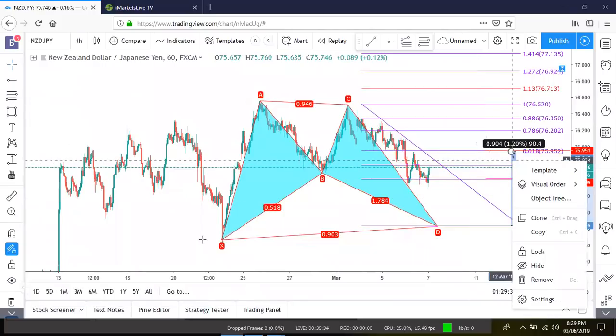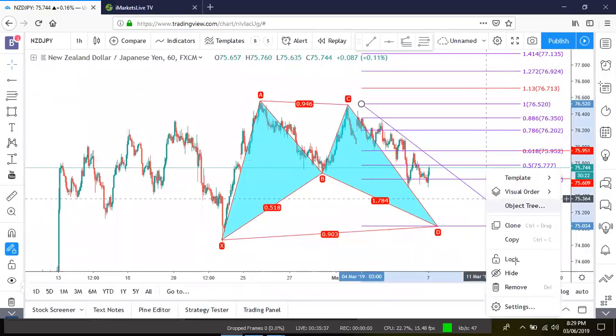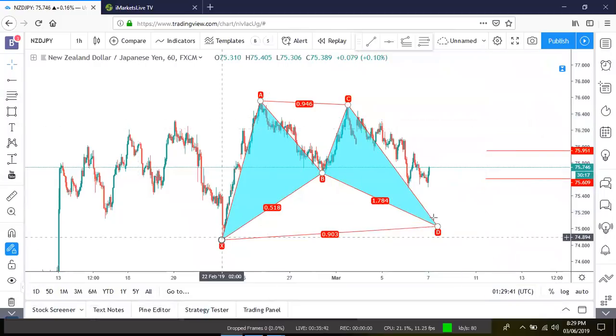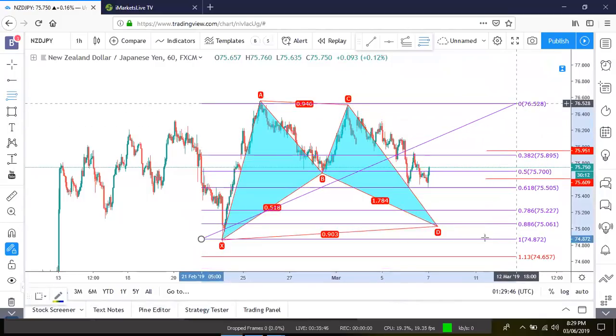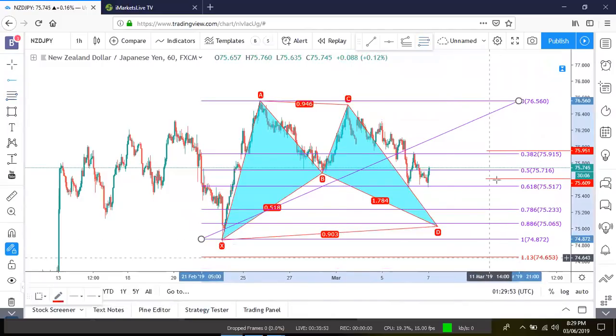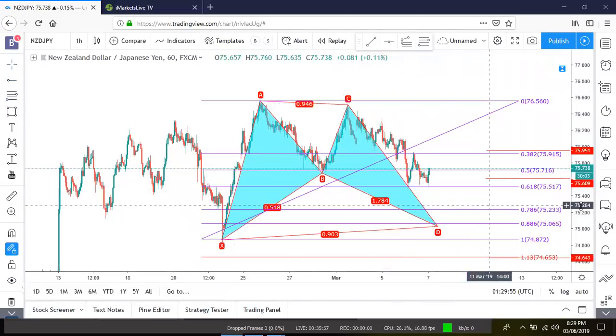So now I don't have to be sitting in front of my computer, I don't have to be a slave to my computer, because I have everything lined up in place. I can pretty much see the pattern in advance before it even happens. And the stop loss will go right here at that 113 level. Let me see how many pips that is.